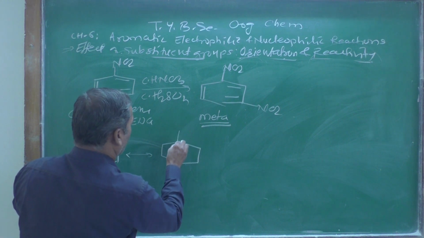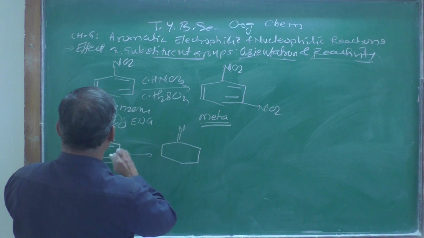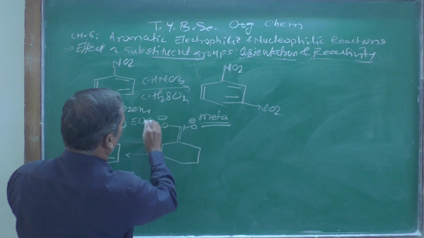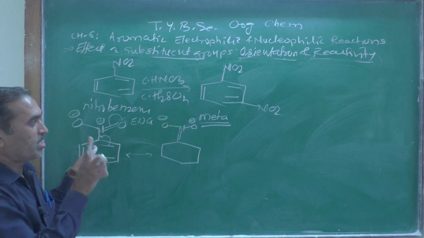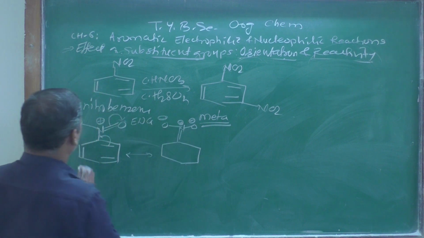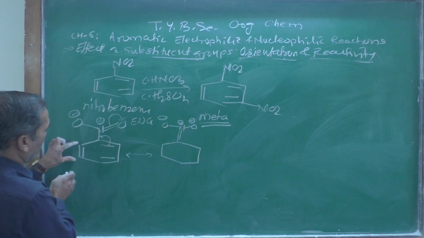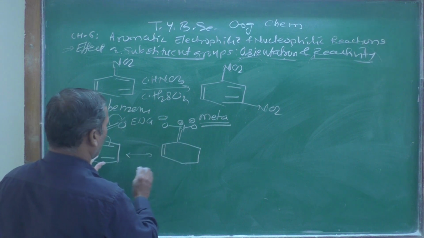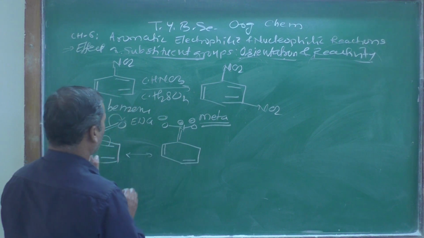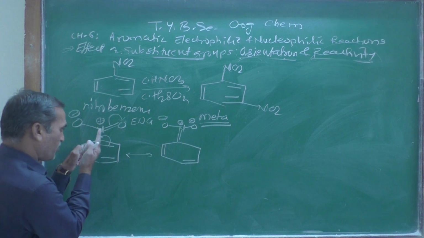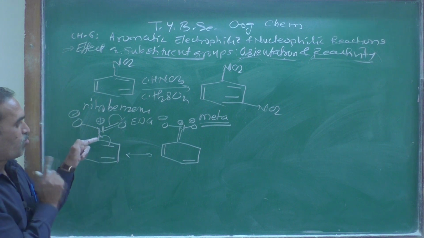Here we get a carbon-nitrogen double bond, O minus, and here O minus as it is. Still the nitrogen atom has 4 bonds, and therefore I am putting a positive charge there, and the rest of the structure remains as it is. This double bond remains as it is, this double bond also. Now look carefully: when I shift this double bond from here to here, what is happening?